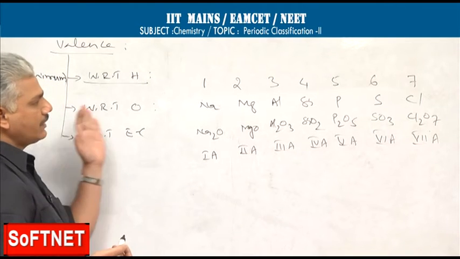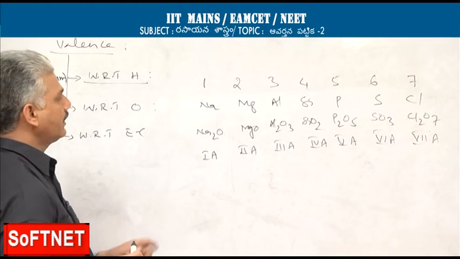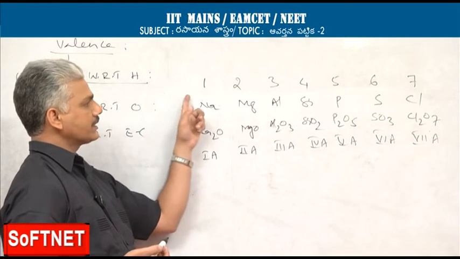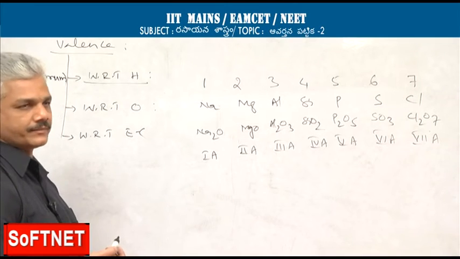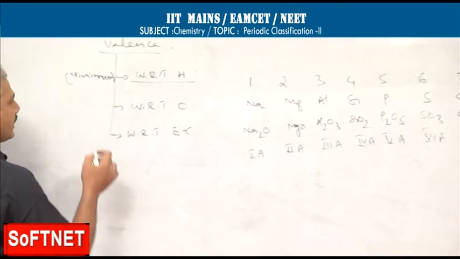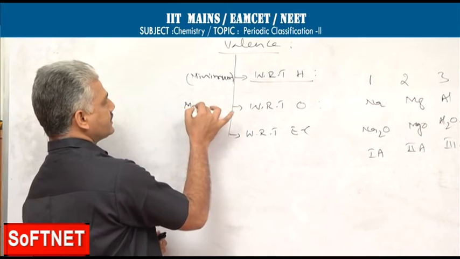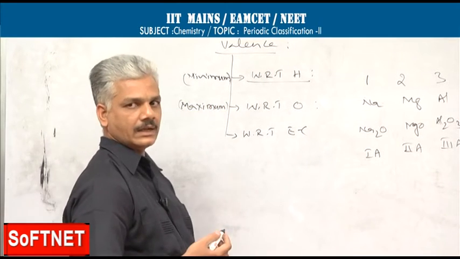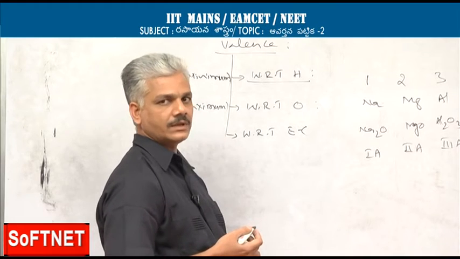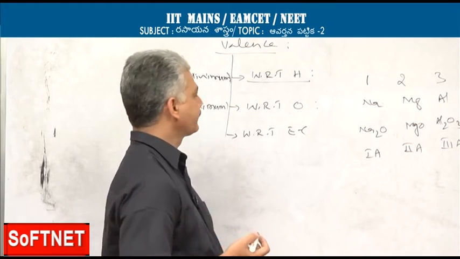As we move from left to right in the periodic table, the valency with respect to oxygen continuously increases from 1 to 7 and it is treated as the maximum valency possible for an element and it is equal to group number.